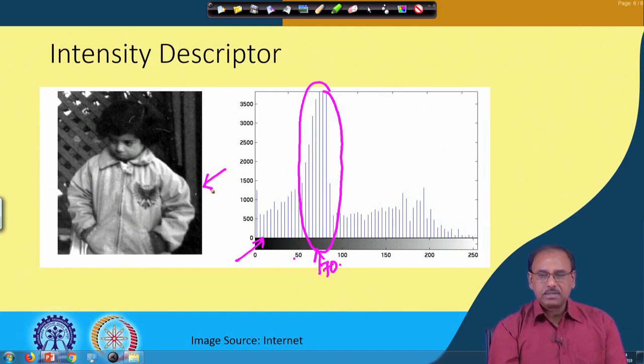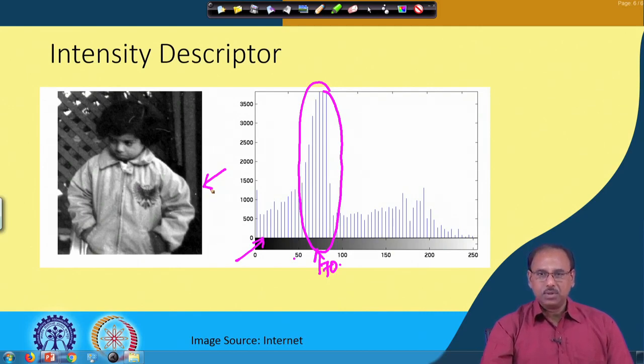So, that clearly says that this histogram gives you very important information about the intensity distribution within the given image or within a given region. As we have extracted the shape information or the shape descriptors in our previous class, in this class we are going to discuss region property extraction, and this intensity distribution is one of the important region properties.